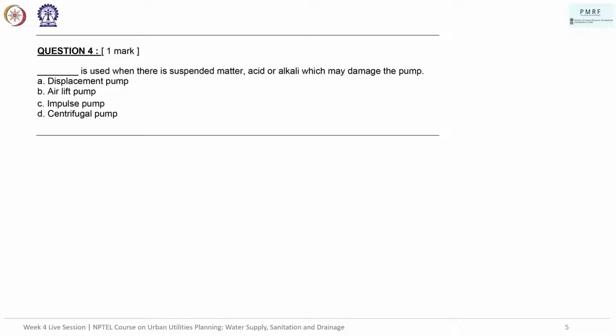A, displacement pump, B, airlift pump, C, impulse pump, and D, centrifugal pump. Does anybody know the answer? You can post in the chat box. Centrifugal pumps. Okay. We've got one answer. Anybody else? Any other answers?